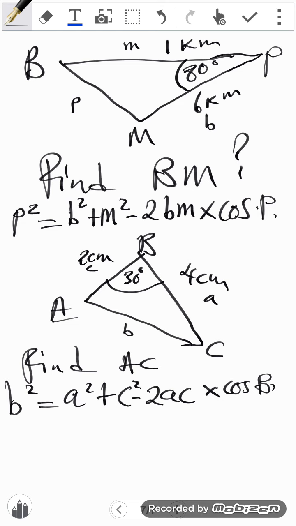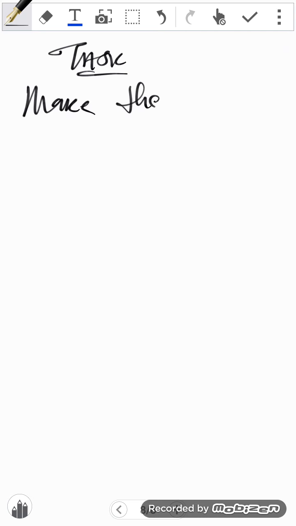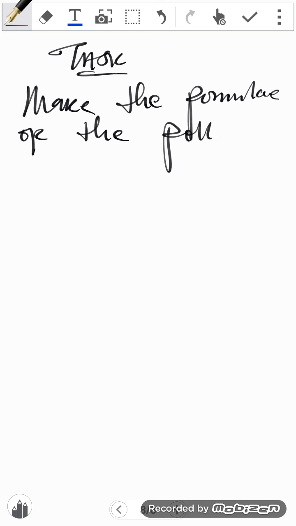So let me give you a task that you should submit. Then watch out for part 2, which is a continuation of this same part. So in this task, you just have to make the formulae of the following using cosine.